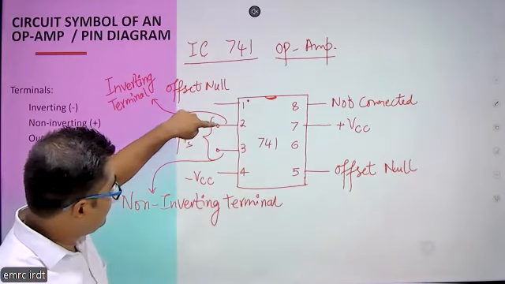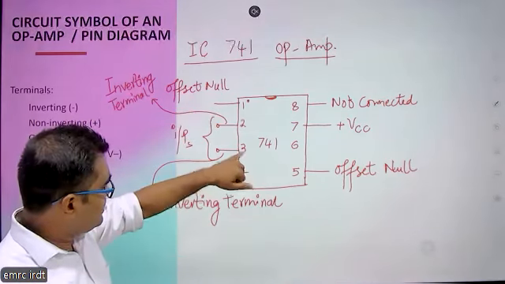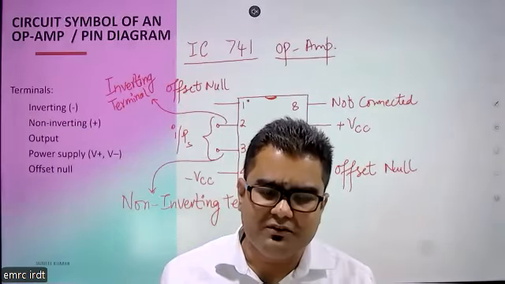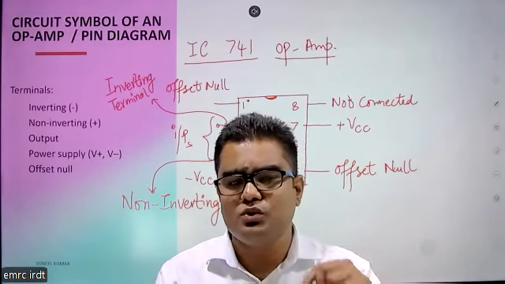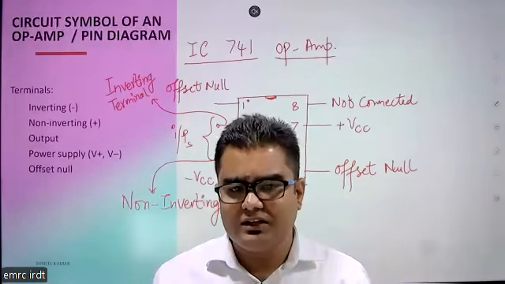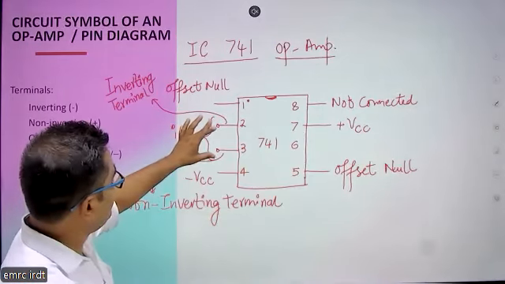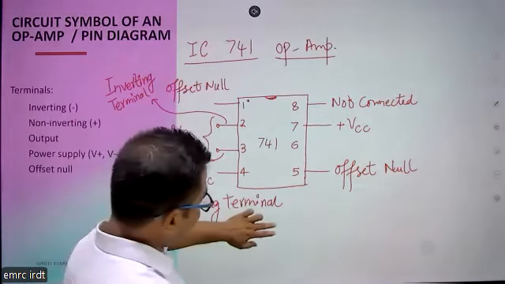One is applied at 2nd number pin, that is known as inverting terminal. One is at 3rd number pin, that is known as non-inverting terminal. So operational amplifier is going to amplify the difference of these 2 input terminals. The voltage applied at these 2 terminals, the operational amplifier will amplify the difference of these voltages. So this is the pin diagram.